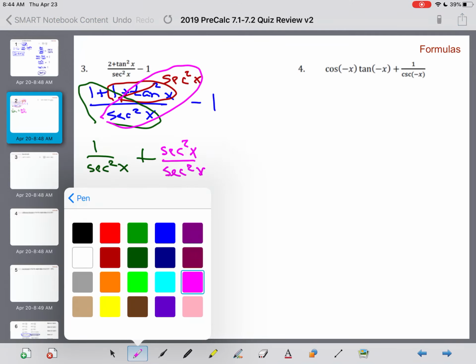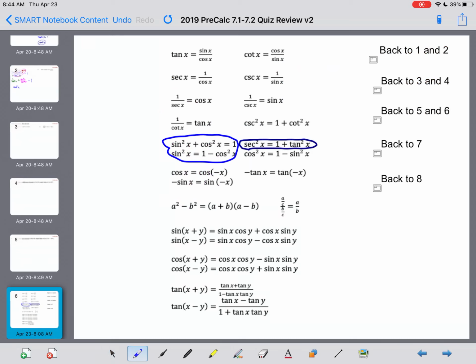So now finally here, this first part just becomes cosine squared. And again, if we want, we can go back and look at our formulas. And right here is what we're using. So again, I'm going to erase these guys. So we're going to use this relationship, the cofunction relationship.